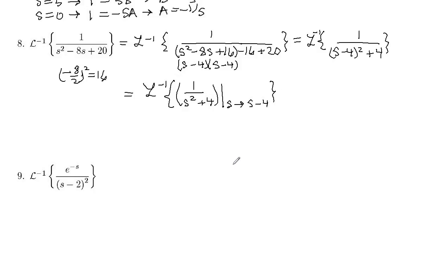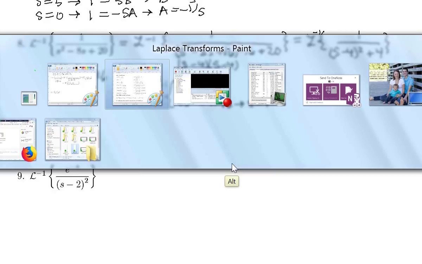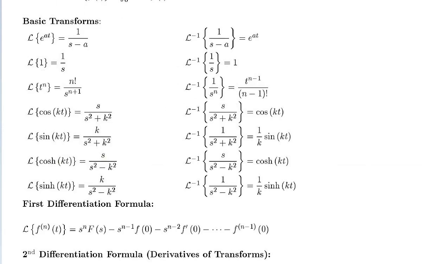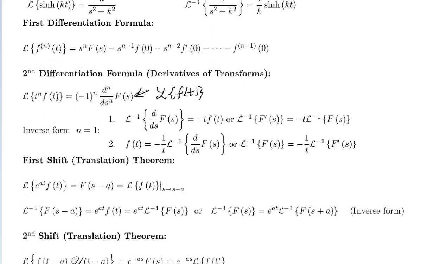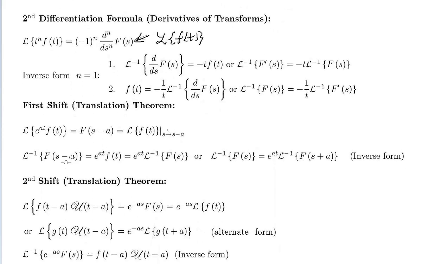So we're doing inverse of a shift. Go to our transform sheet here. We're doing inverse transform of a shift. That's the first translation theorem. That introduces an exponential, and then you do the inverse transform of the unshifted function.